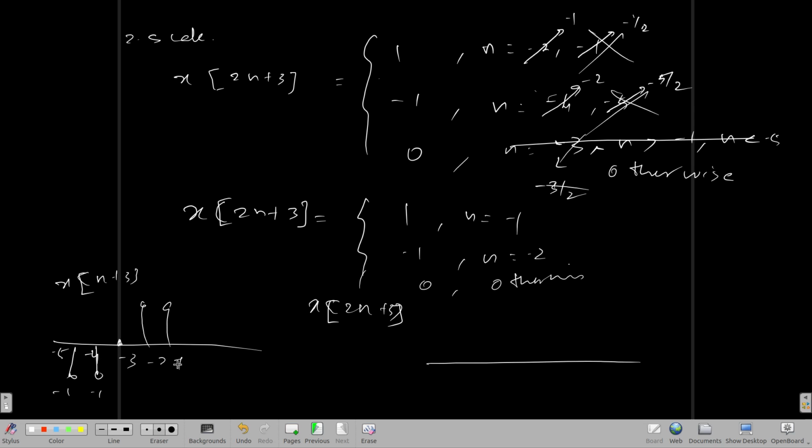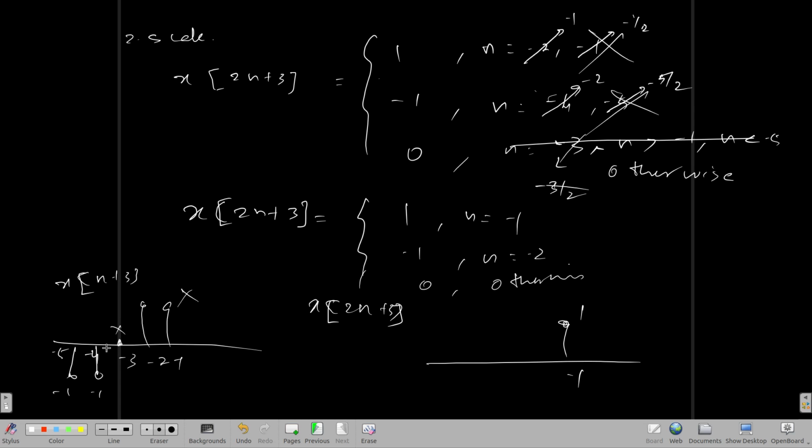So -1, it will be mapped to what? -1 by 2. So we cannot take it. We'll just remove this. -2, it will be mapped to what? -2 by 2, which is -1. So we'll take it as 1. -3 will be mapped to what? -3 by 2, which is not possible.